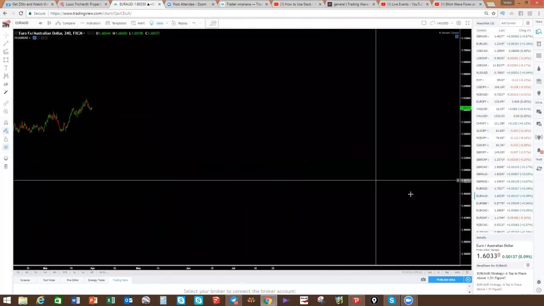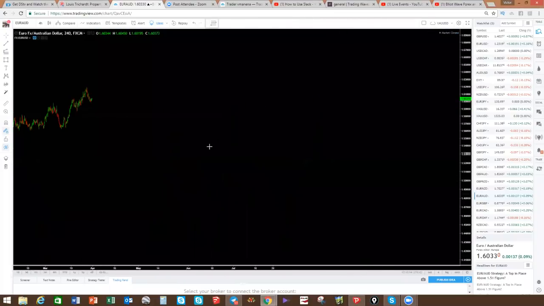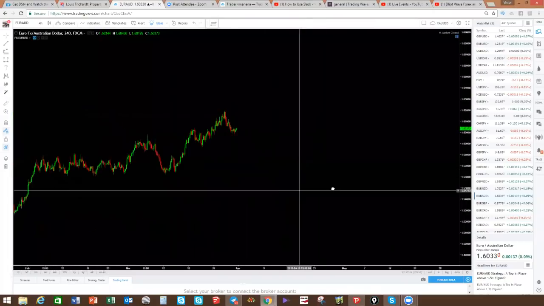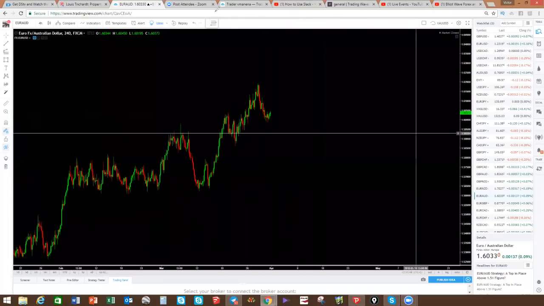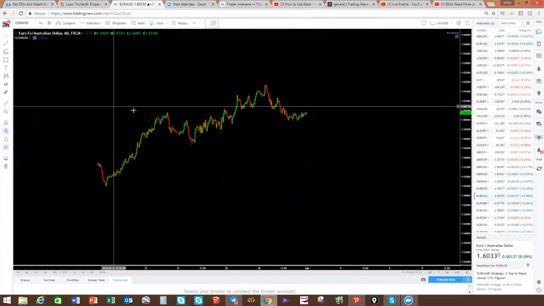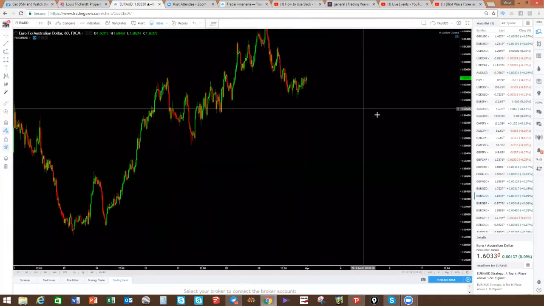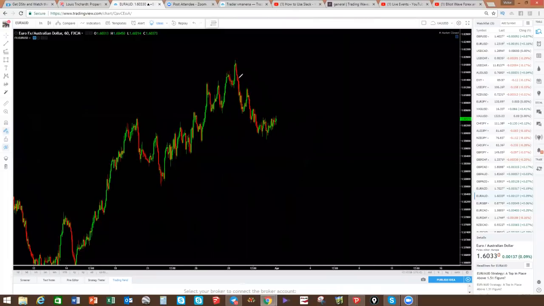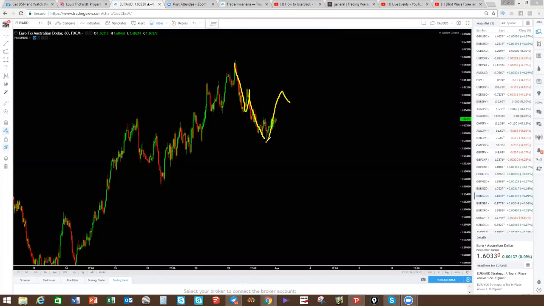Right now you've got this move to the downside. That doesn't mean that you're going down. It's just a single wave down. Let's go 1 hour. So this is what makes people panic, and you shouldn't panic when you see something like this, because this can be a 1, 2, 3, and then you go up. So when you know how these waves move, then you will not panic when you're trading them.